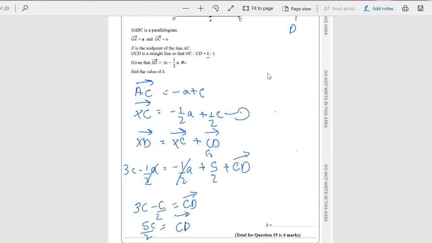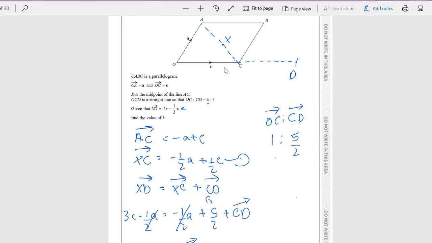Now OC, the vector, to CD, okay, from the origin to C is going to be c, and then from C to D is going to be 5 over 2, we just worked out.